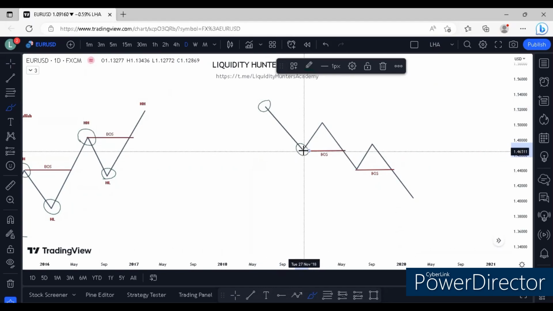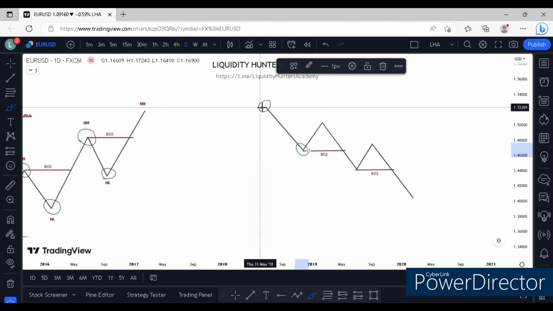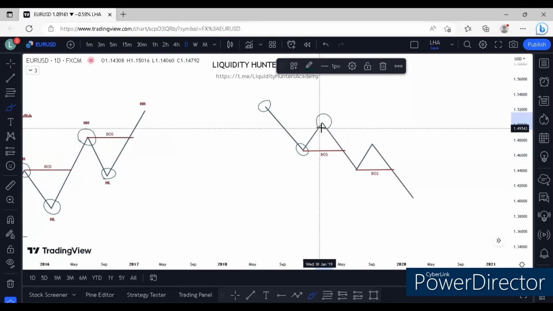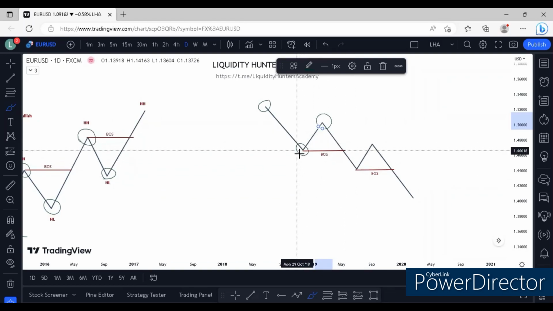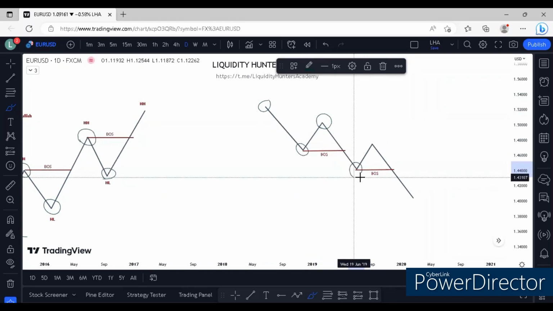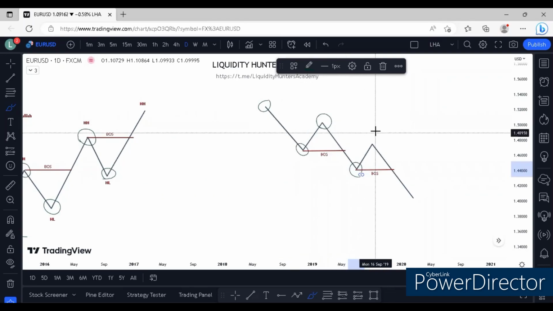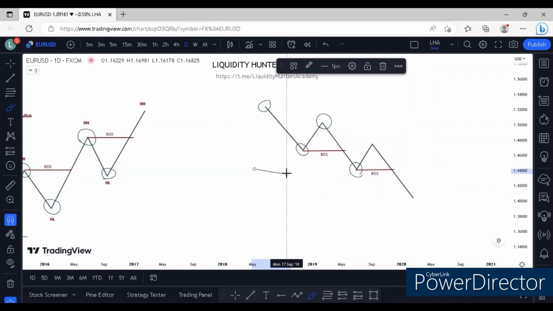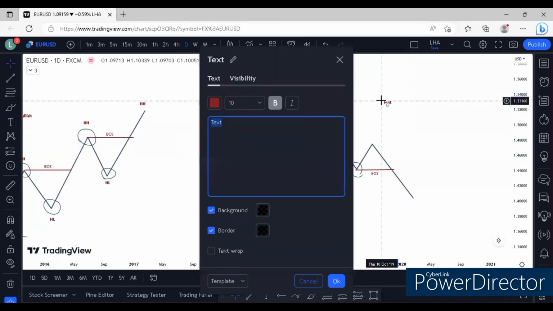After that, this low failed to move above this high and printed a lower high. This lower high was strong enough to break this low and printed a lower low here. And now we are confirmed bearish, or downtrend. So here is the bearish or downtrend.